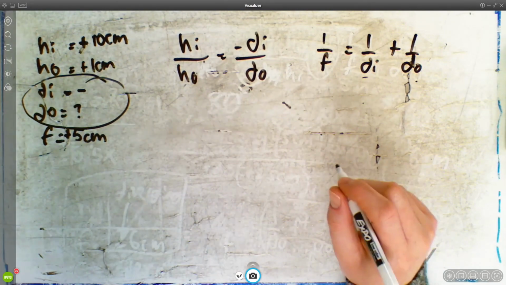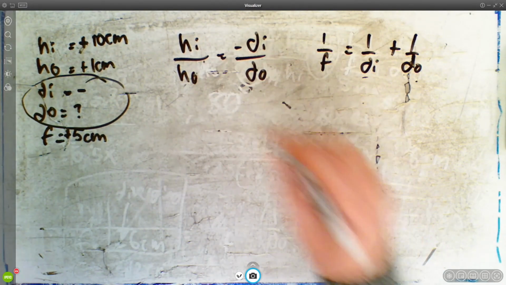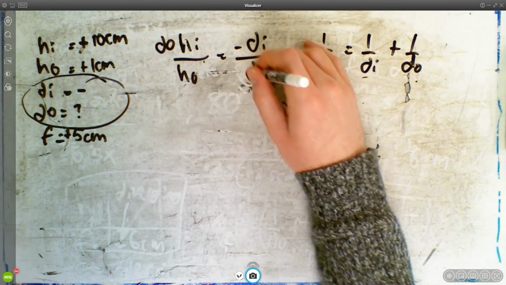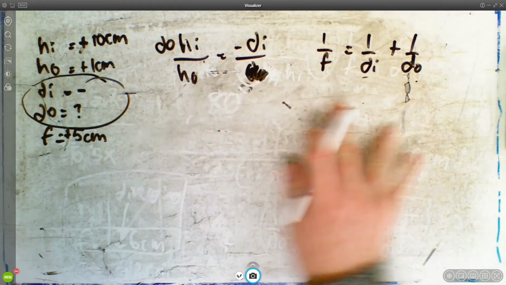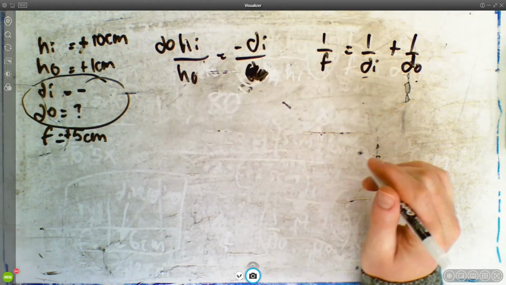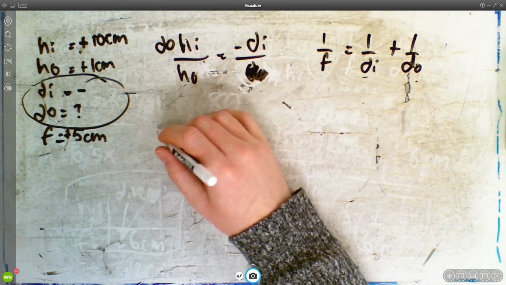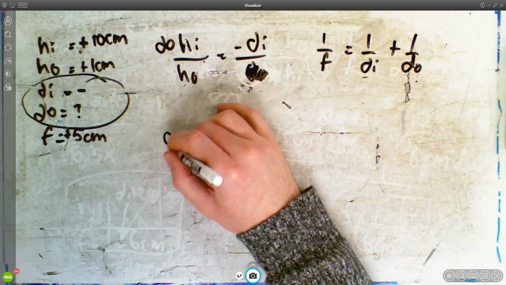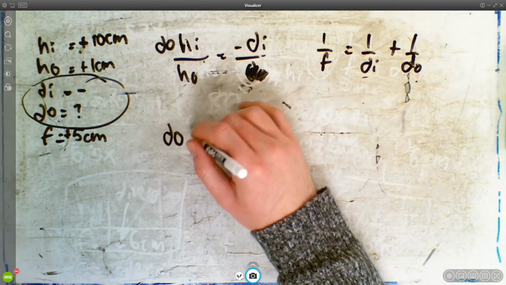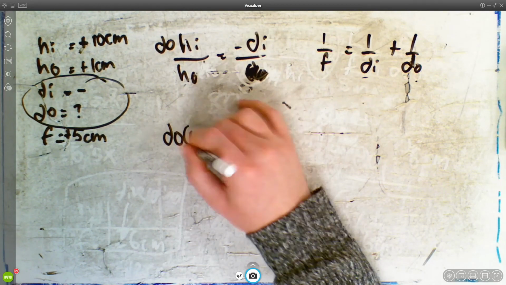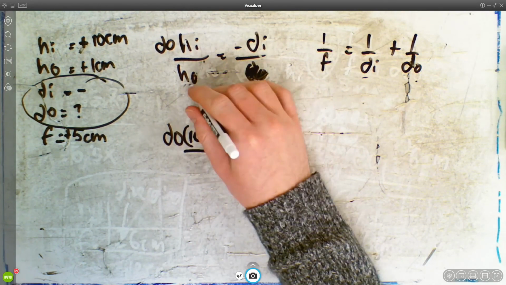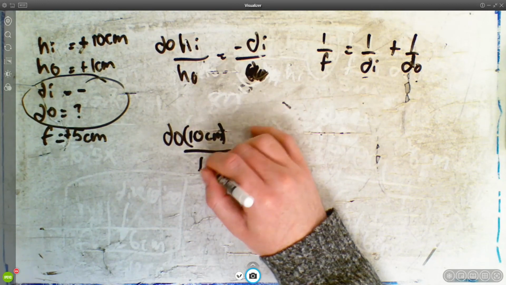So what we have to do in this question is combine these two formulas together, right? So if I move that dou up there, we know that hi is 10 centimeters. Ho is 1 centimeter.